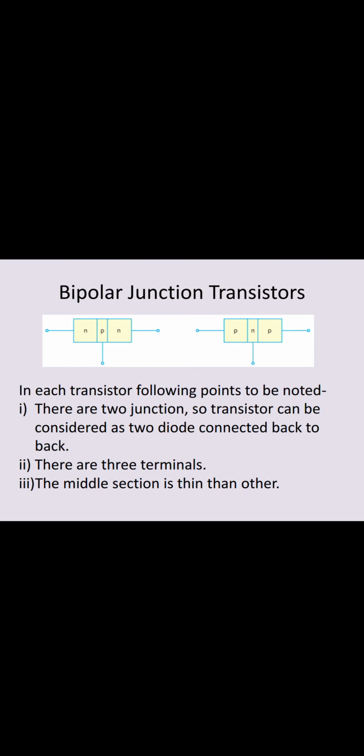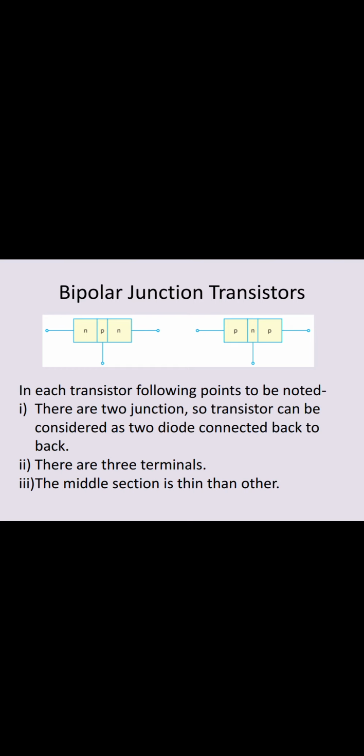As shown in the figure, one N type semiconductor is sandwiched between two P type semiconductors, or one P type semiconductor is sandwiched between two N type semiconductors. These are called the PNP and NPN transistors. We will discuss them later.